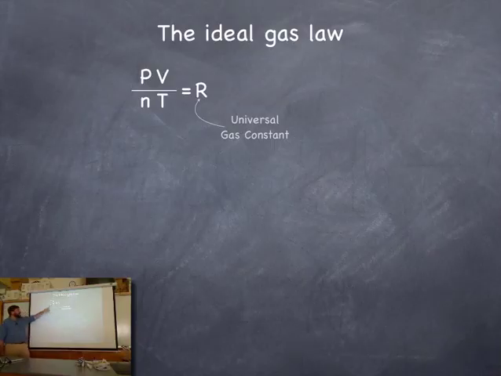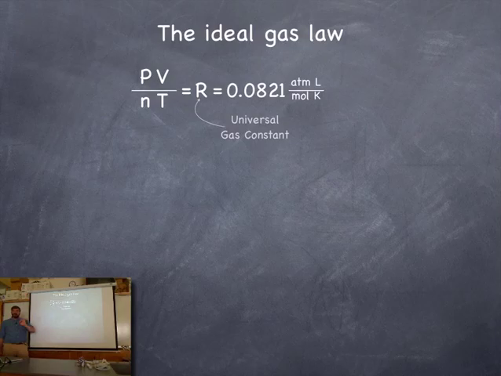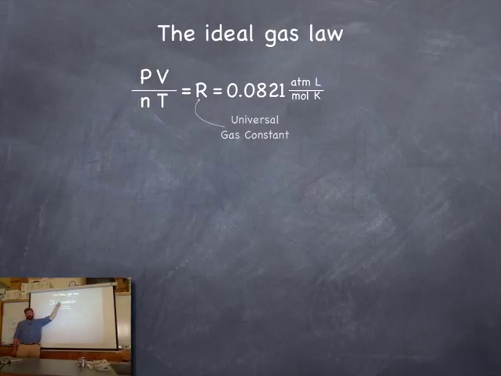That is that the relationship between pressure, volume, moles, and temperature is always equal to the same number, like always in the universe. We call this the universal gas constant, and it's equal to 0.0821 atmosphere liters per mole Kelvin. So any conditions for a gas, any container, any description of a gas, if you know the pressure, volume, moles, and temperature, it's going to equal this value.